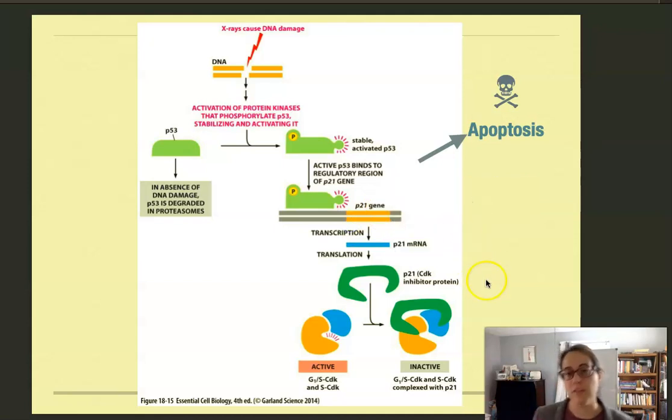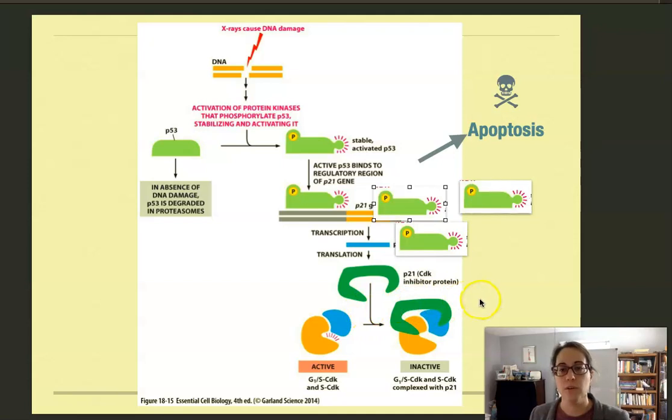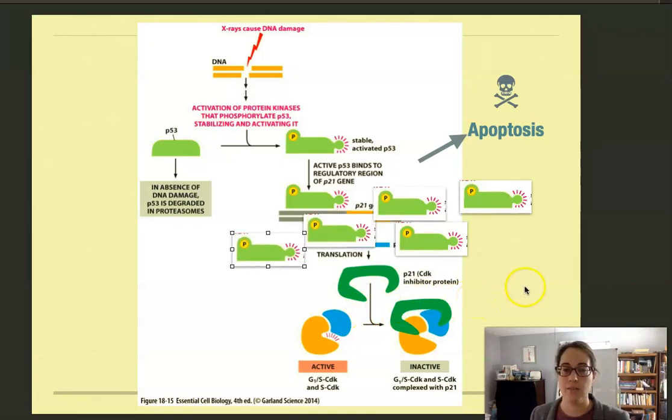If it goes down, then we're also going to get rid of P21, and then the G1 SCDK complex will be active again. However, if we do not fix the DNA, we're going to just keep on phosphorylating more and more P53, it's going to accumulate in the cell, and there's some crucial concentration where if there's enough of these proteins present, then the cell is going to enter apoptosis.